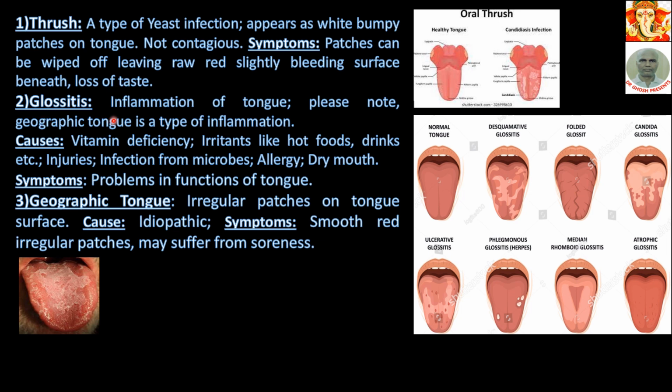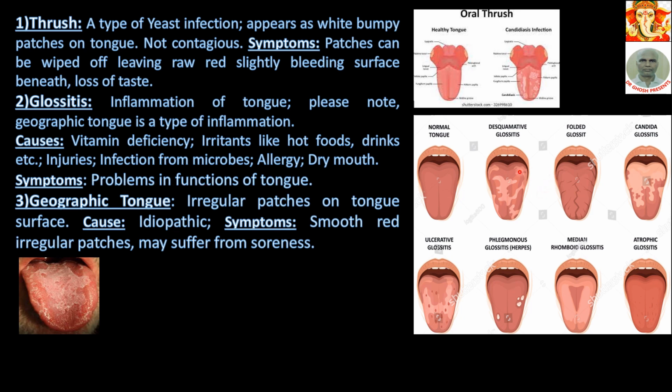Glossitis, inflammation of the tongue. Please note, geographic tongue is a type of inflammation. Causes: vitamin deficiency, irritants like hot food and drinks, injuries, infection from microbes, allergy, dry mouth, etc. Symptoms: problems in function of the tongue.